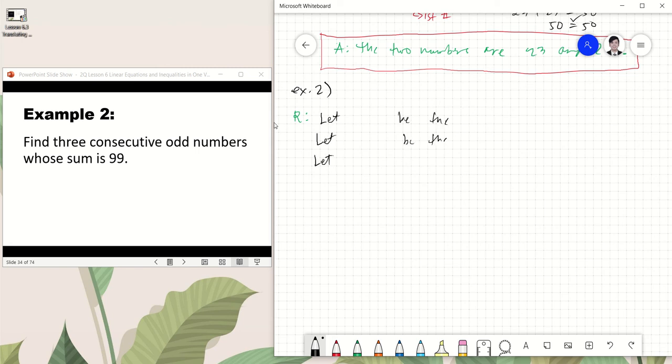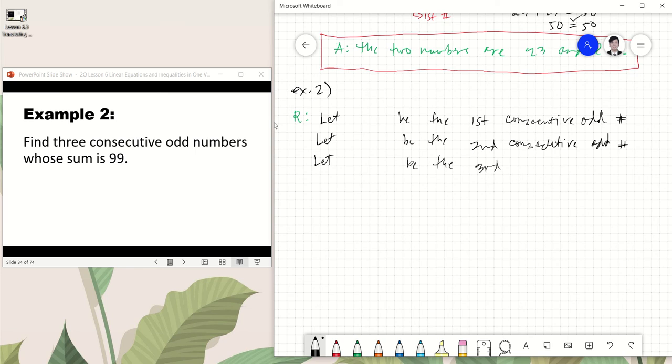So, we say, let blank, kasi hindi pa natin siya nire-represent, but alam natin na may representation siya. So, let blank be the first consecutive odd number. Let blank be the second consecutive odd number.